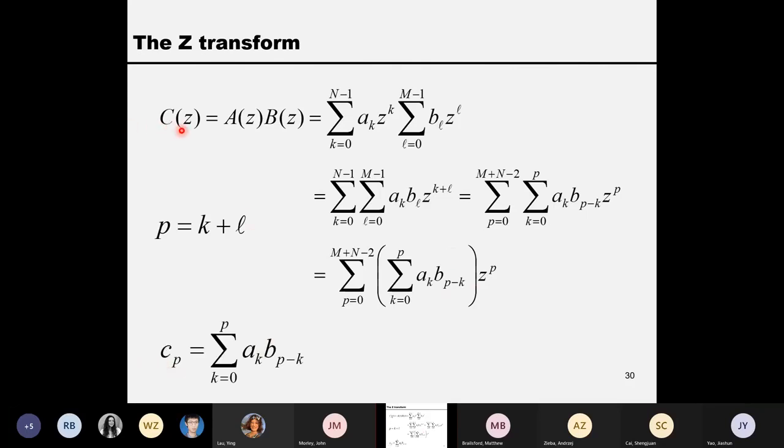So C(Z) equals A(Z) multiplied by B(Z), which eventually becomes the sum of C_P Z^P. So the new time series has C_P as coefficient and P as index. That is convolution.